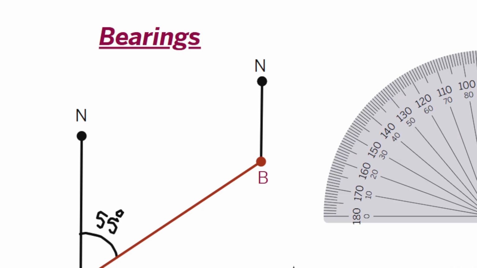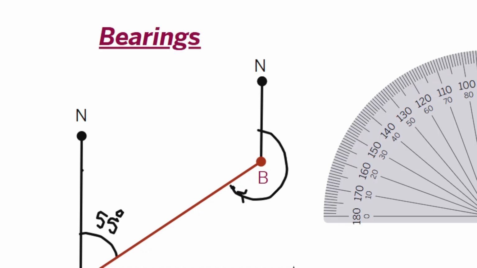Is it this angle? No. Bearings are clockwise only. So you start from north and you go clockwise, like this. So this is the angle we are looking for. Now you have too many options to do. I don't recommend in this case to use the protractor. You can use it, but it's not that important.